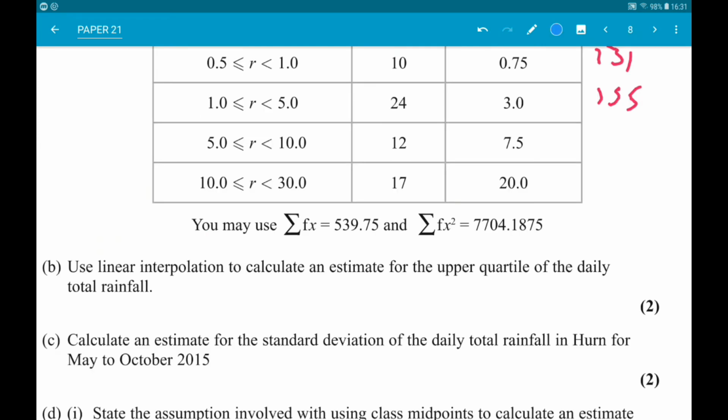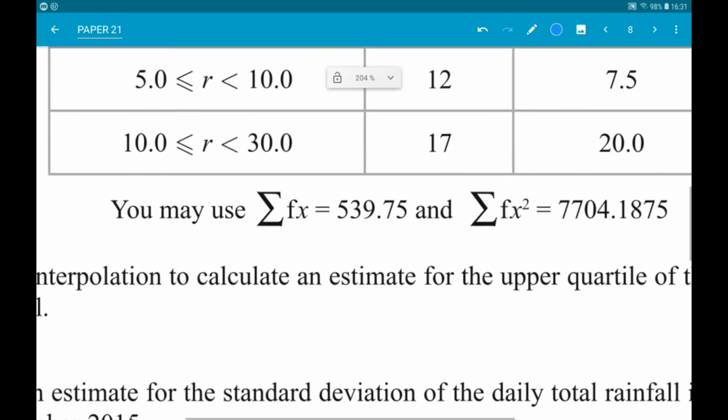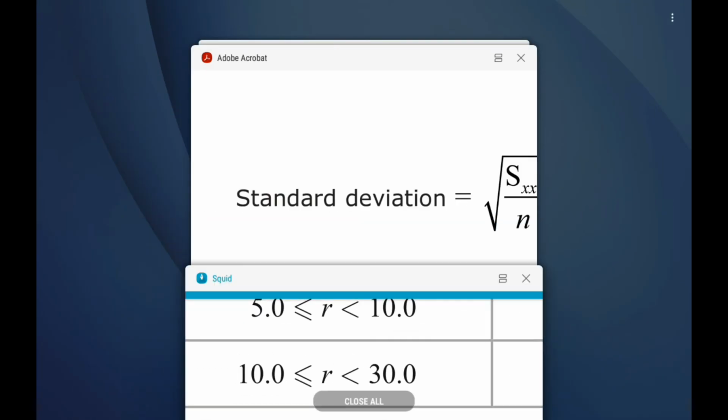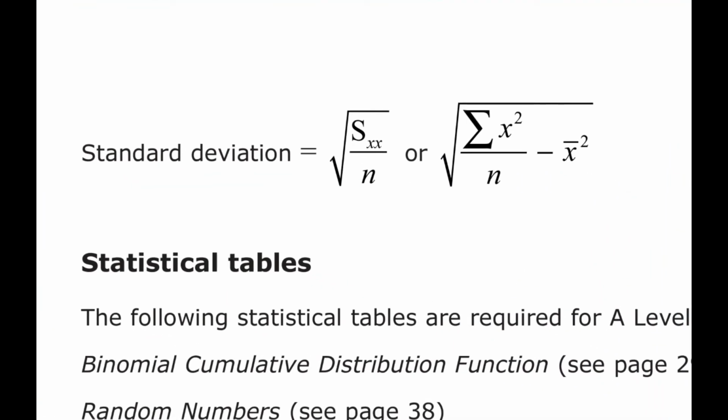Now calculate the standard deviation. Okay, so for that, we are using these two, and we are given the formula. So, for us then, sigma x squared is sigma fx squared, and the mean is sigma x divided by the number of days, 184.